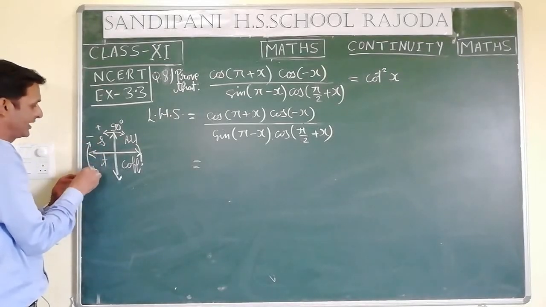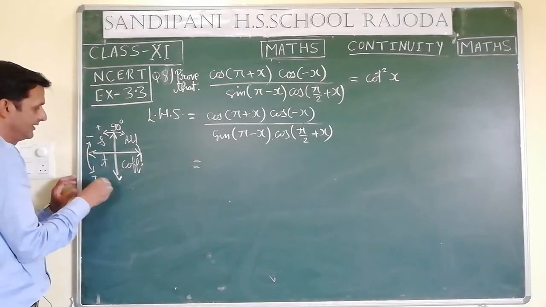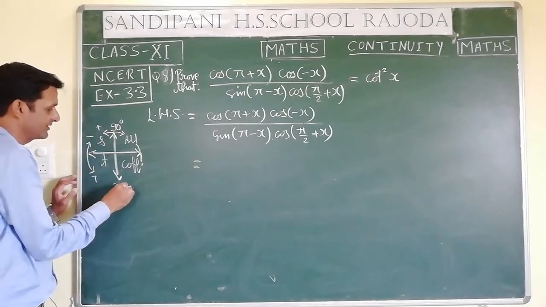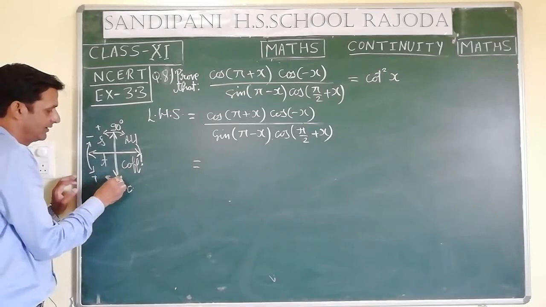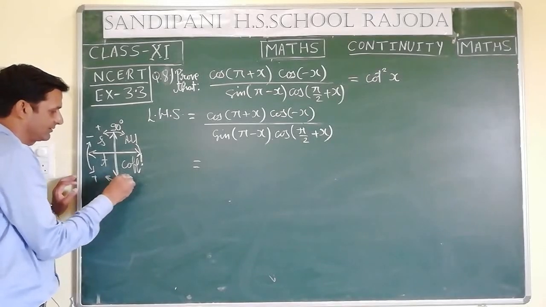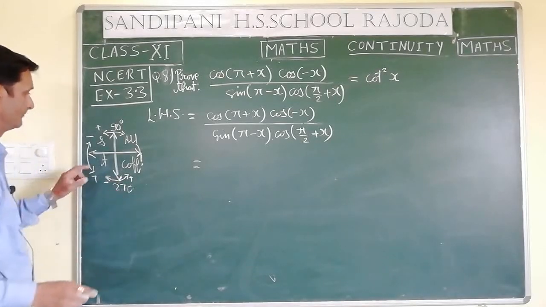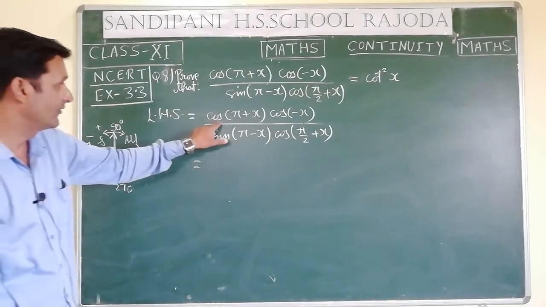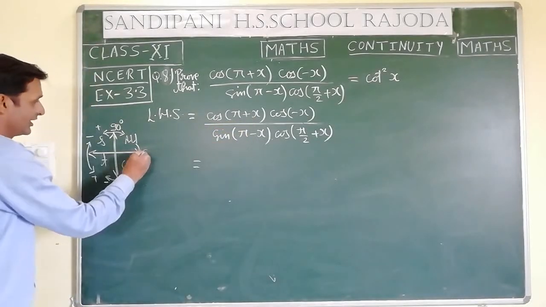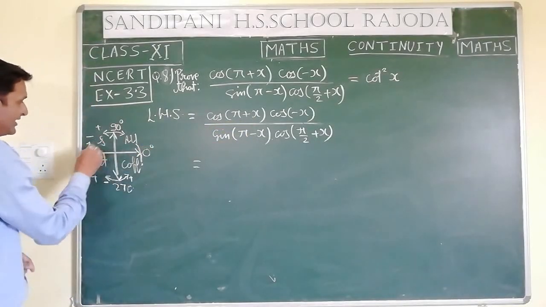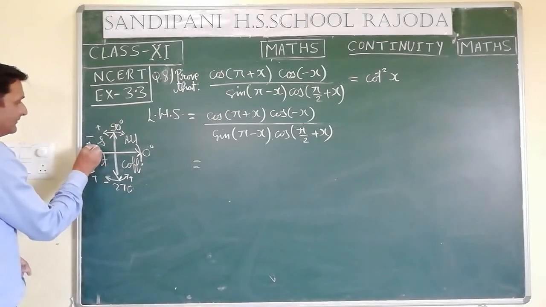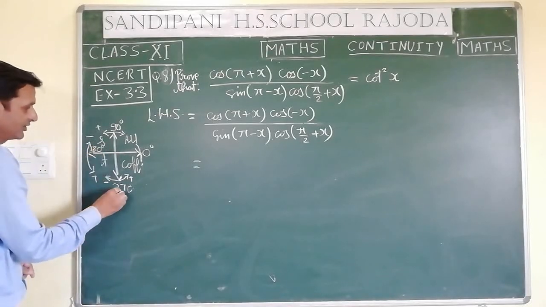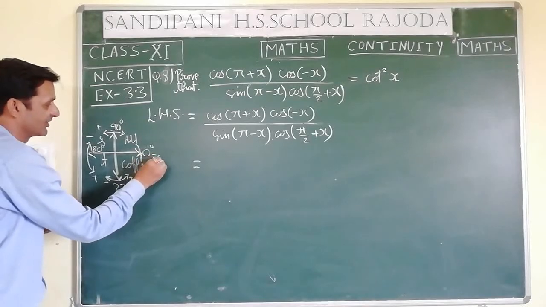It is 180 plus. And this is 270 minus and this is 270 plus. So by this, cos 180 plus theta, here it is 0 degree, here it is 90 degree, here it is 180 degree, here it is 270 degree and here it is 360 degree.